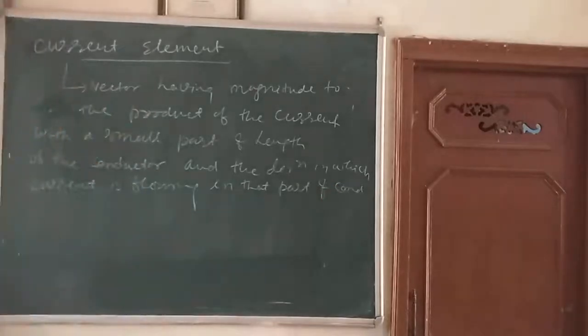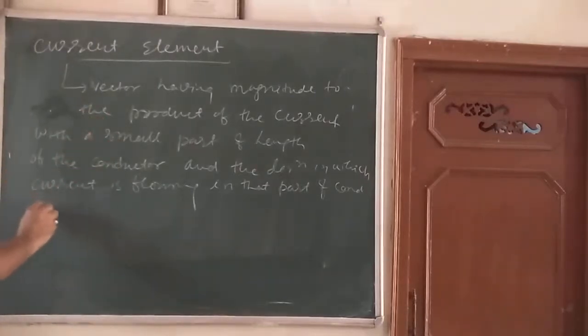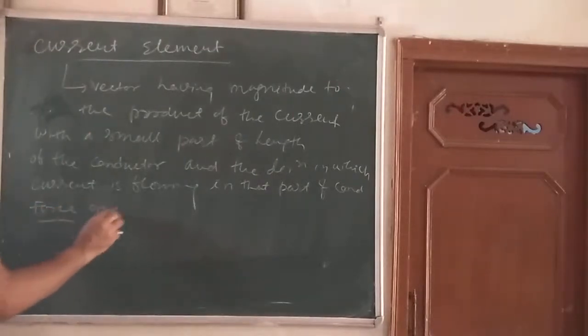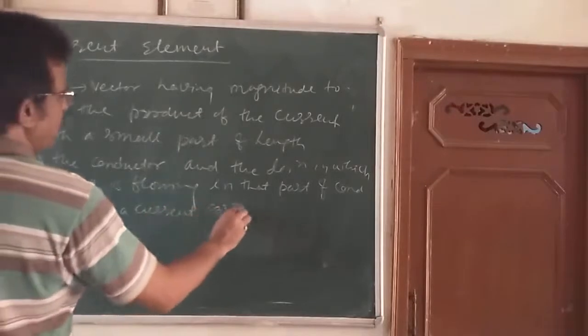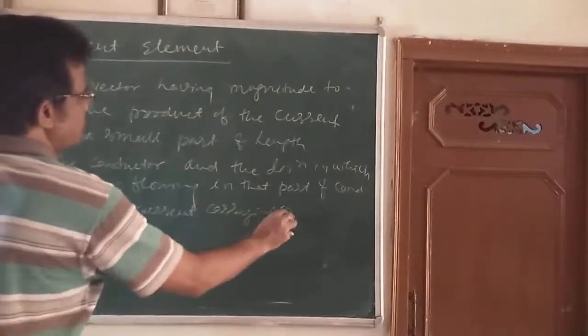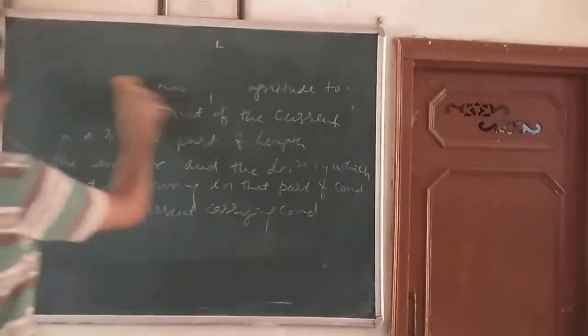This is called current element. It is the product of current and length, I dl, I can say. So I am going to find out the force on a current carrying conductor in a magnetic field.